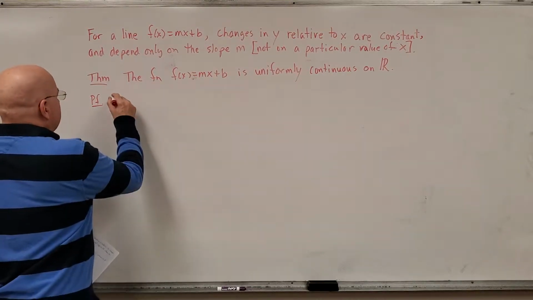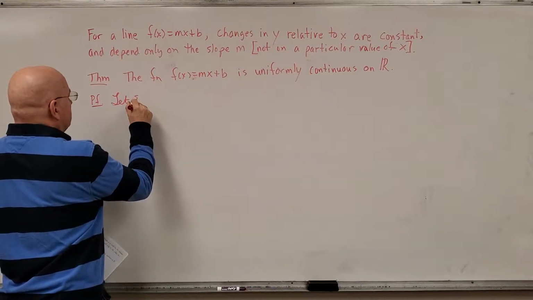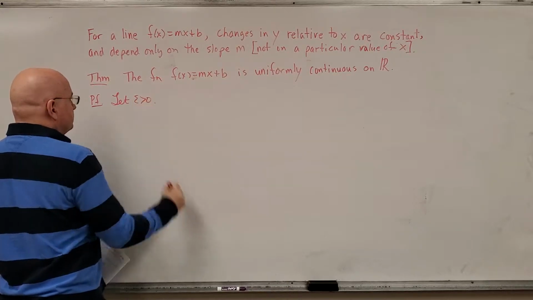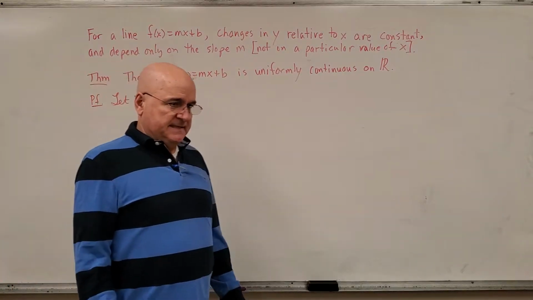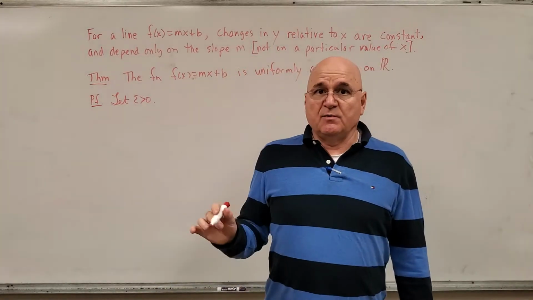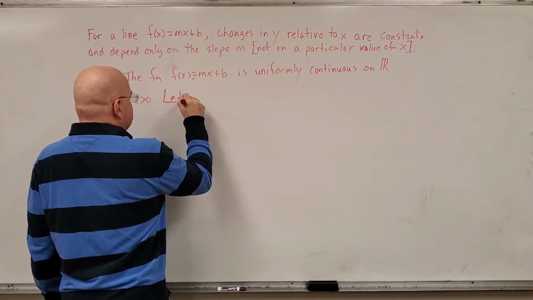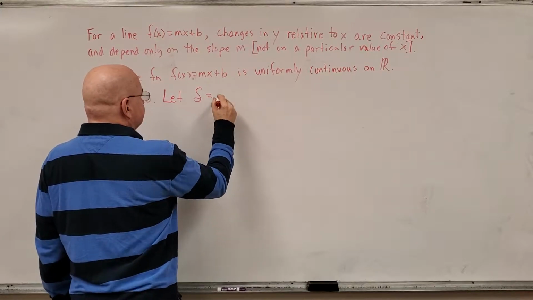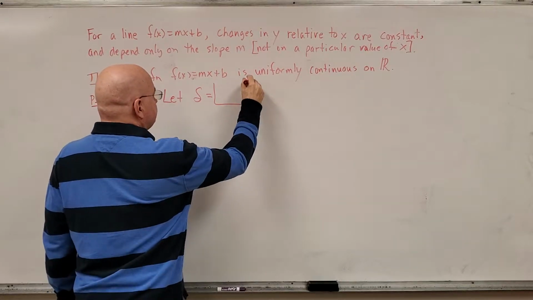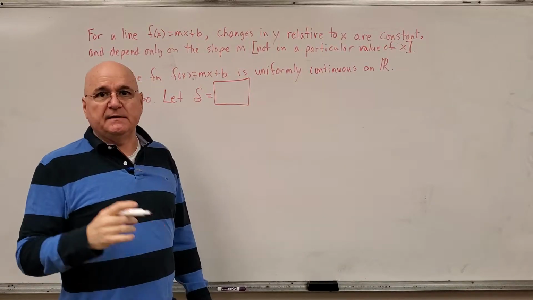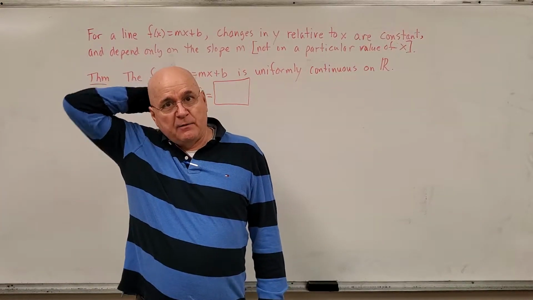Well, first of all, we need an epsilon. Let epsilon greater than 0 be given. And now I have to choose a delta, but I don't know what I want to choose yet. So I'm just going to say let delta equal something. We'll fill it in later when we figure out what it needs to be.